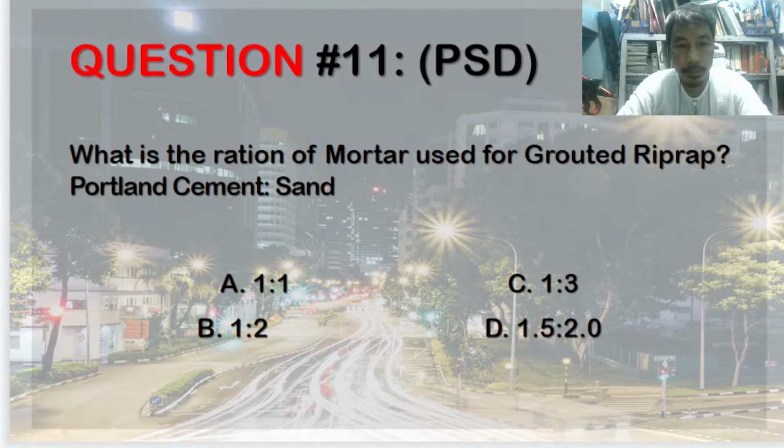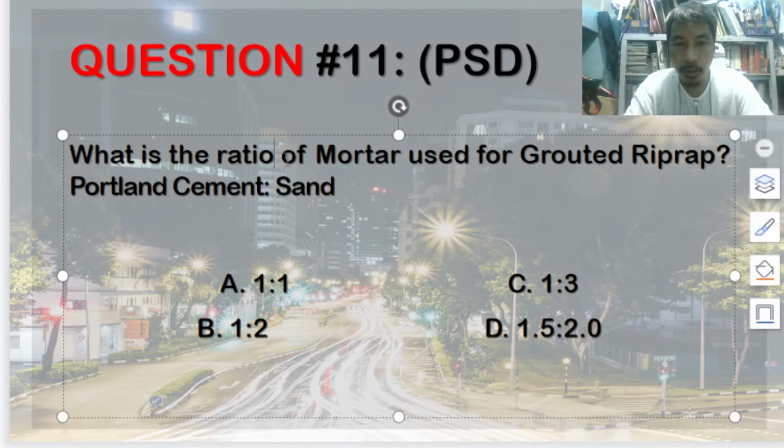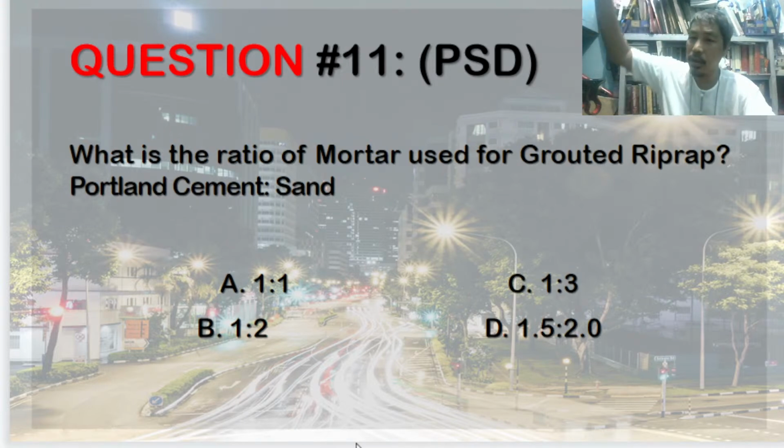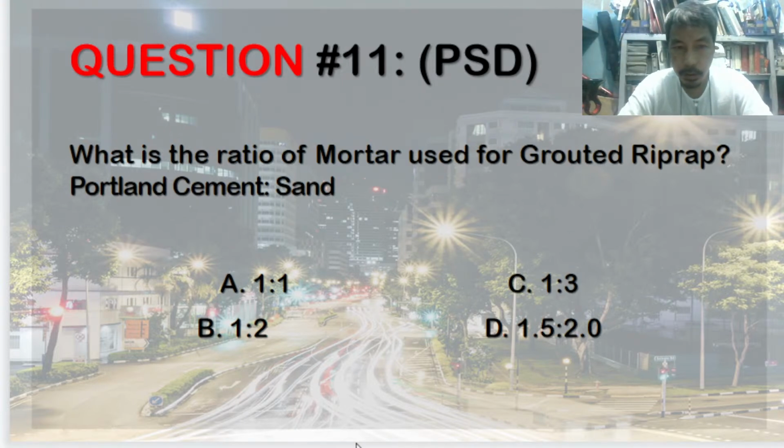Next, number 11. What is the ratio of mortar used for grouted riprap? Note, it is ratio, not ration; that is a typo error. And the spelling is grout, not gout. We want to use mortar to grout the riprap. What is the ratio of cement to sand for riprap?